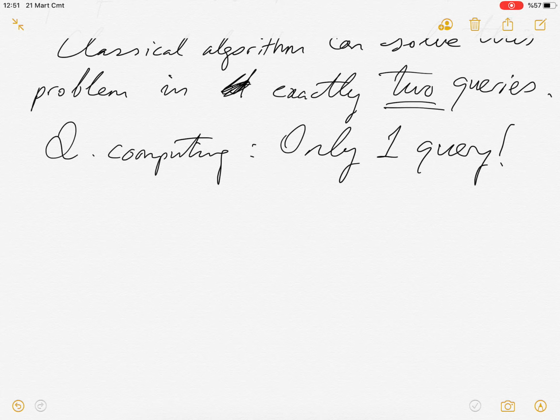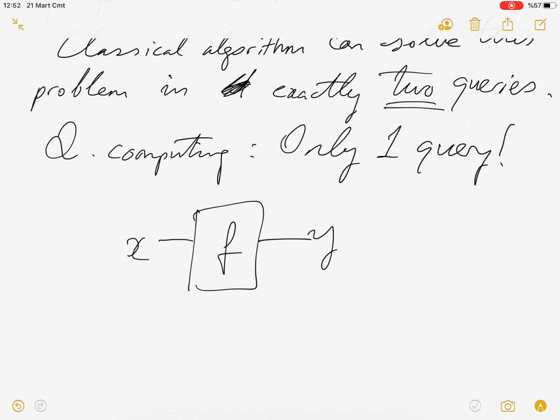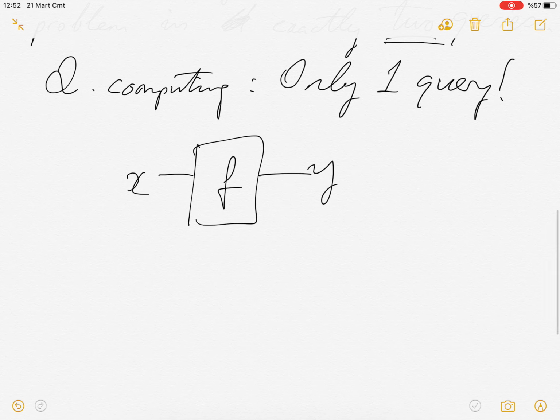Okay. So before going into the details, let's describe how we can define function f in terms of matrices. Classically, a function can be thought of as a black box having an input and an output, x, y. This is a classical representation of a function. A 1-bit input and 1-bit output function can be represented by a 2-by-2 matrix.